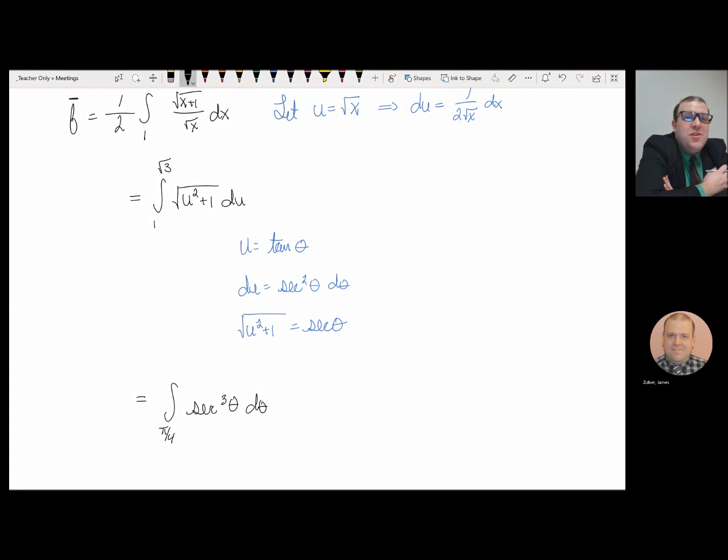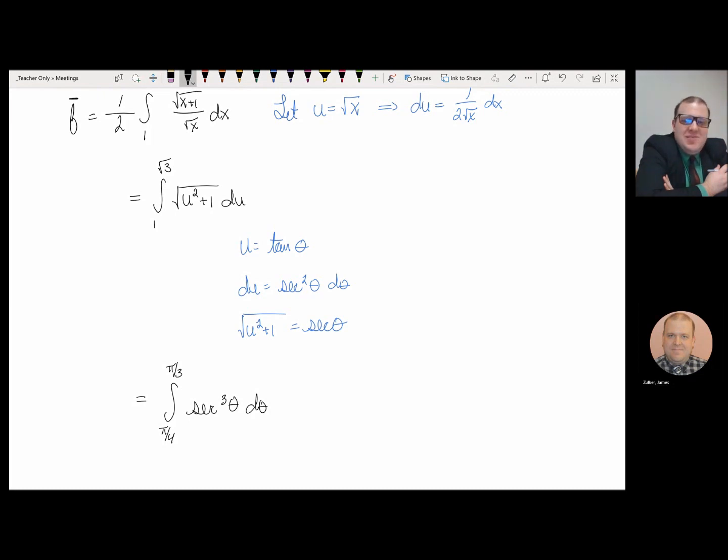Pi over 3. This one was nice in the sense that you actually got nice angles, and not something like the inverse tangent of 5, which happens more often than not.